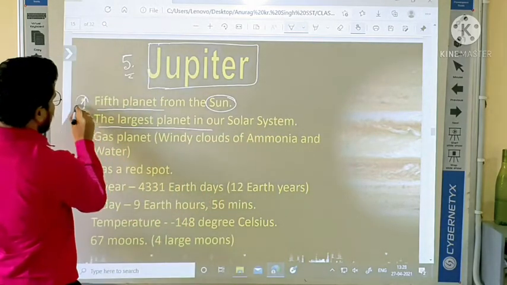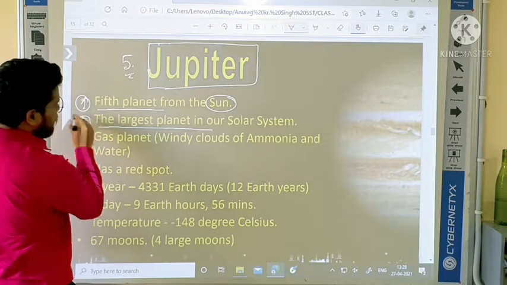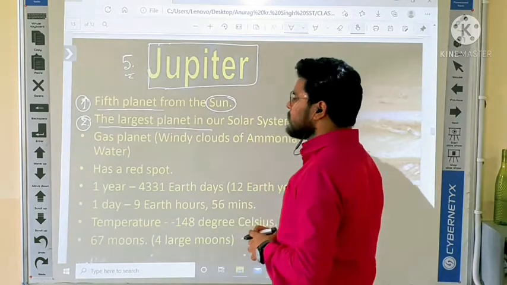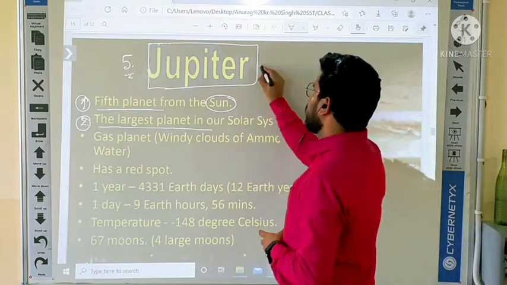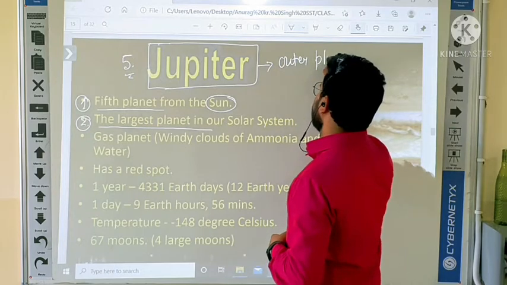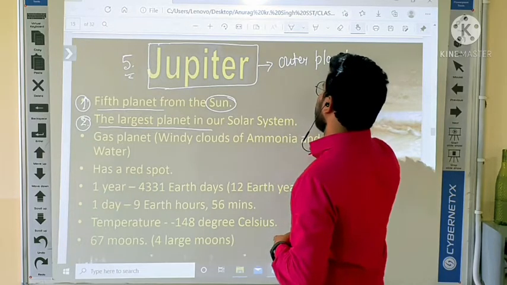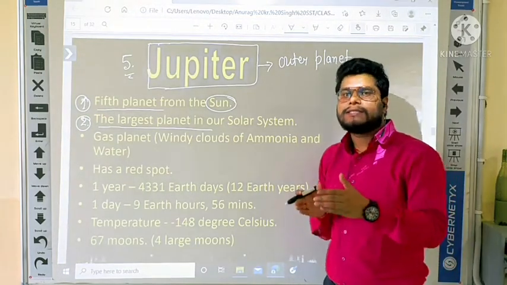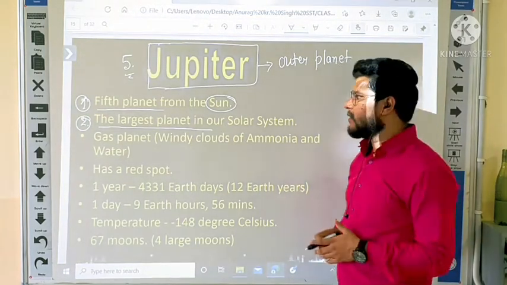This is our first point, this is our second point. You also remember one thing, that Jupiter is known as an outer planet. Why is it an outer planet? Because of its distance from the Sun.